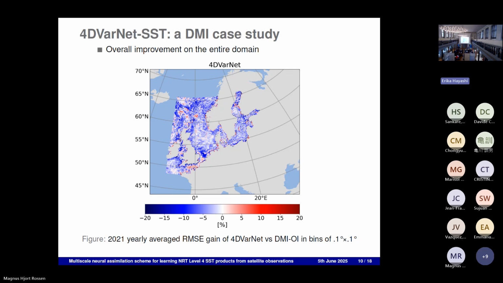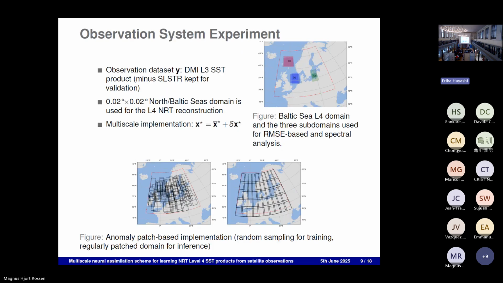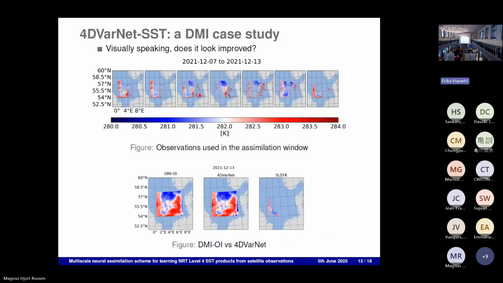Okay. You compare the difference between the optimal interpolation scheme and SLSTR, the same with the AI methods, and you compare the gain, the relative gain. And you can do that because even if you remove the SLSTR, you're using this coarse approximation of the state by aggregating all the information in the data assimilation window.